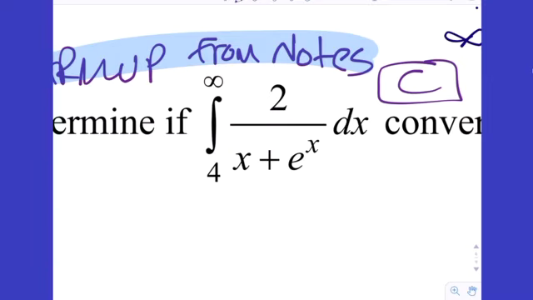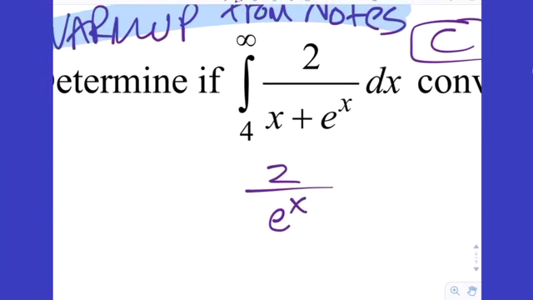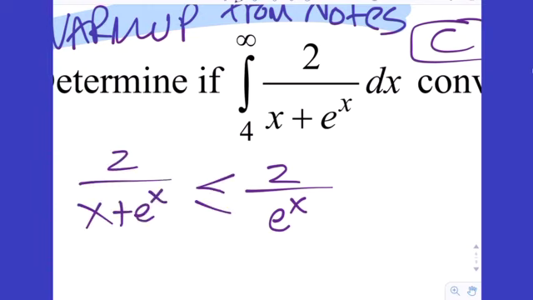If I took away the x, pathetic lazy x that wasn't helping at all, let's see. If I then compare it with 2 over e to the x, what I'm trying to prove is that that one is bigger than 2 over x plus e to the x. Now, I don't have to prove it, but I want to make sure that inequality is true.